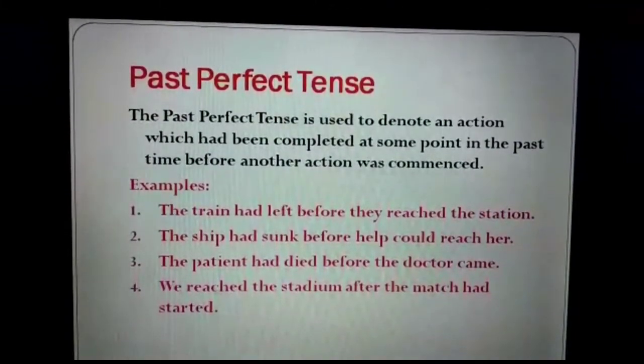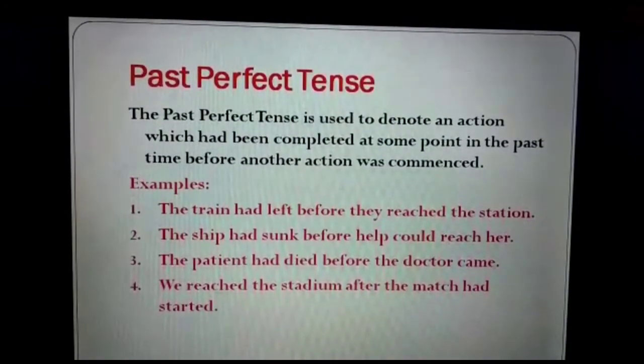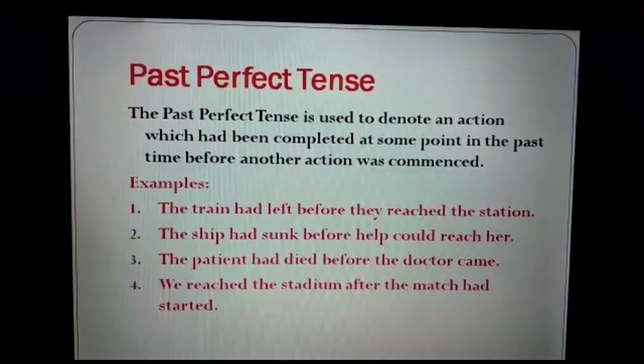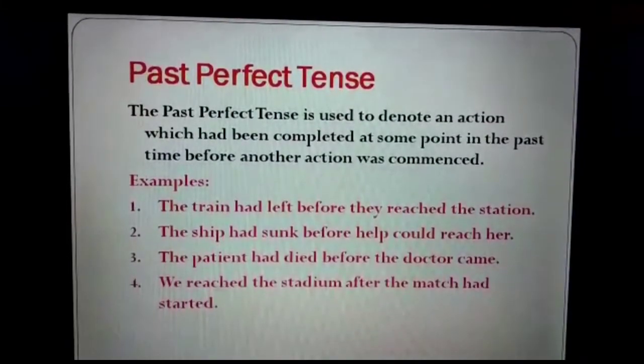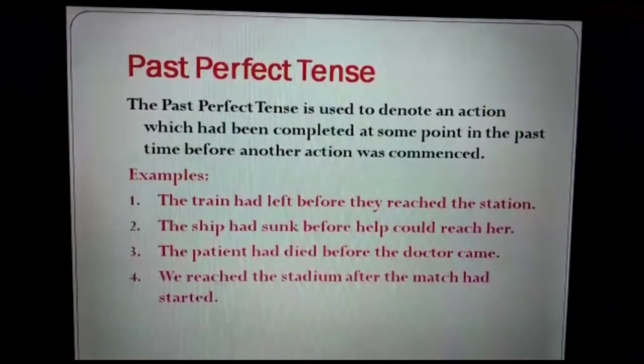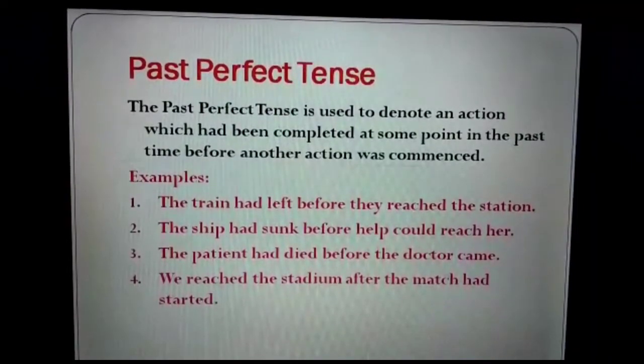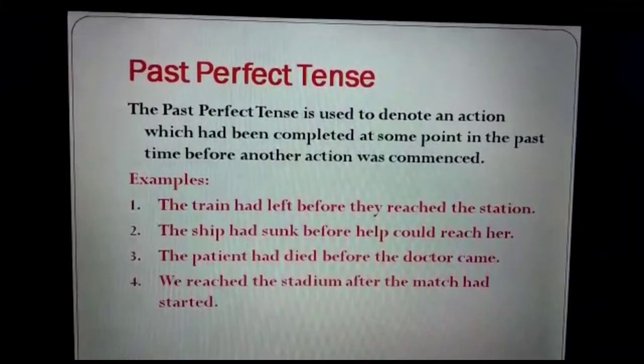Two actions of the past, one happened before the other. Whichever happened before, that is written in past perfect tense. Some of the examples are: the train had left before they reached the station. Here, there are two actions of the past.